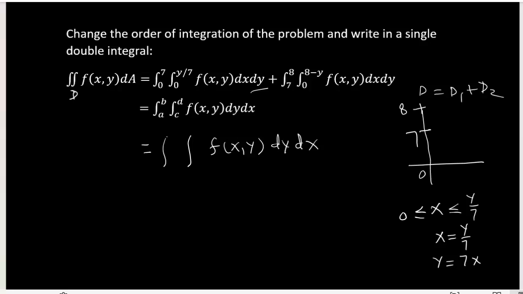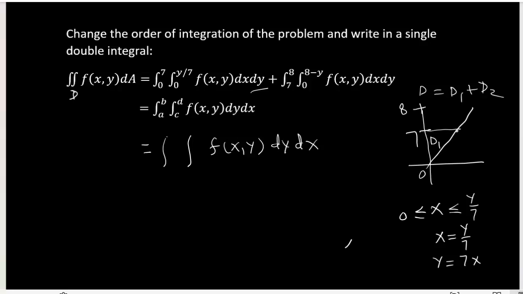Okay, so our first one now goes y equals 7x, some line like this. And this is intersecting here too. All right, so this is going for my D1 domain. Now the next one is y going 7 to 8, and then x goes from 0 to 8 minus y.